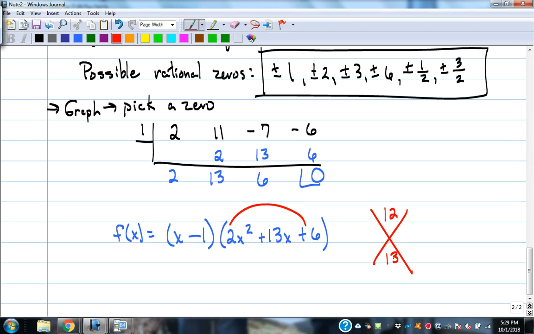We need numbers that multiply to be 12 and add to be the number in the middle. What multiplies to be 12 and adds to be 13? 12 and 1 does that. So that means I go 2x squared plus 12x plus 1x plus 6. And then I group.